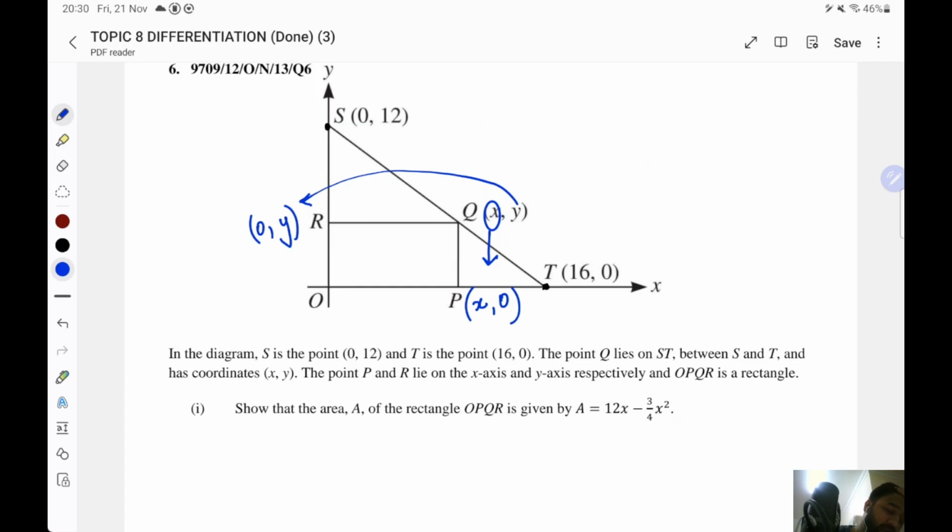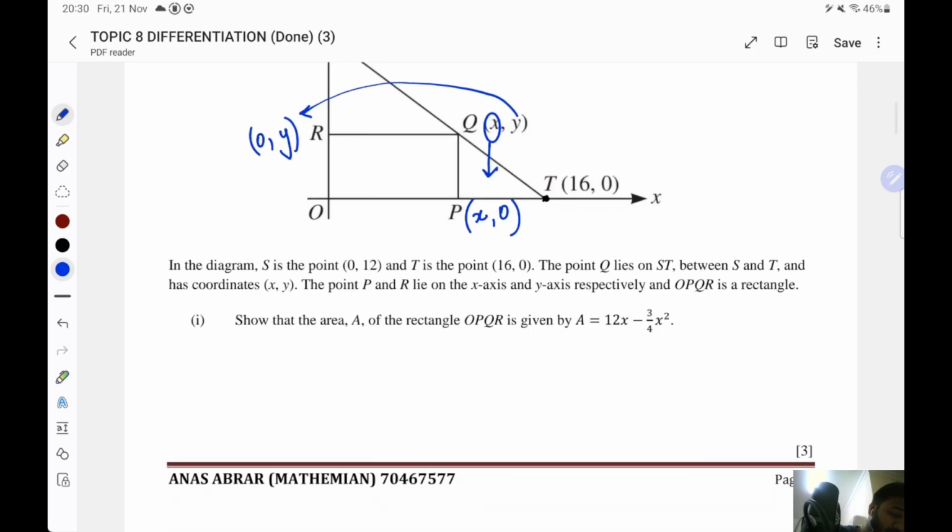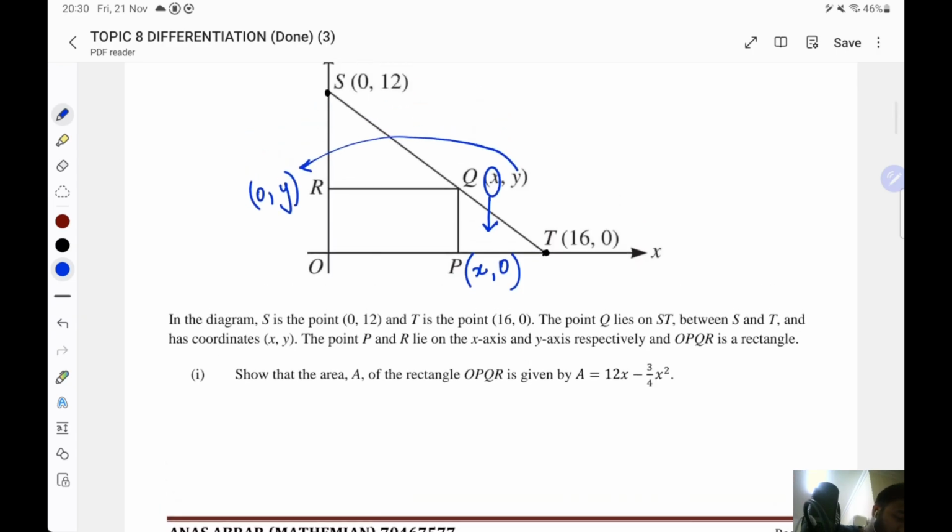the area, there is one more very important thing, and that is these two triangles are similar. Which two triangles? Let me write them down.